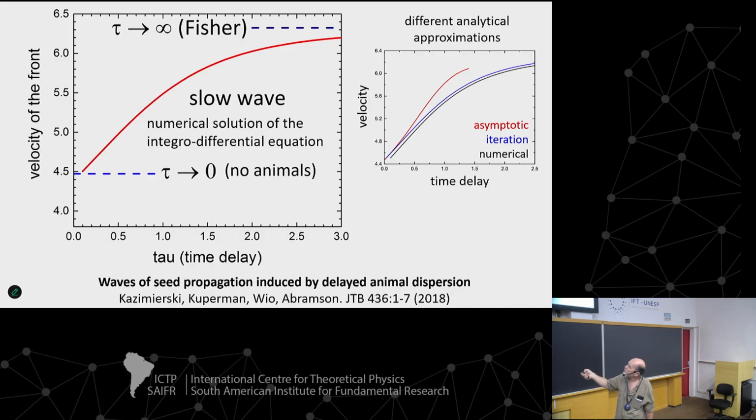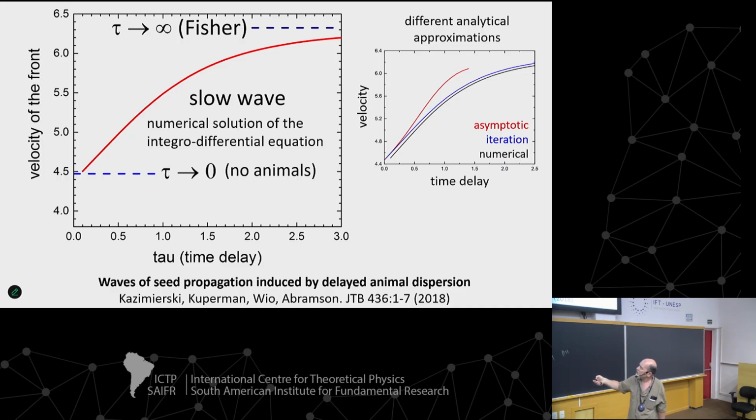And when tau goes to 0, which is no animals, you can also do the calculation exactly in the integral and get this value. And you see that the numerical solution gives you precisely the intermediate values with these two asymptotic velocities.